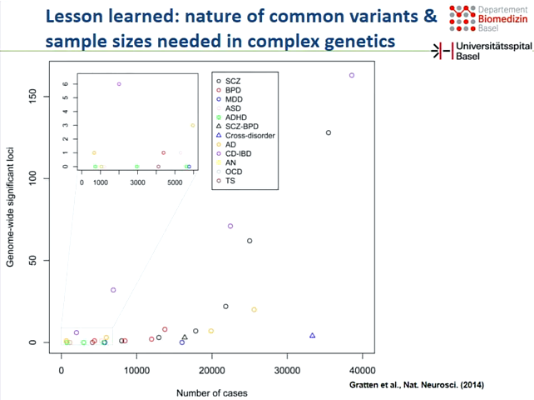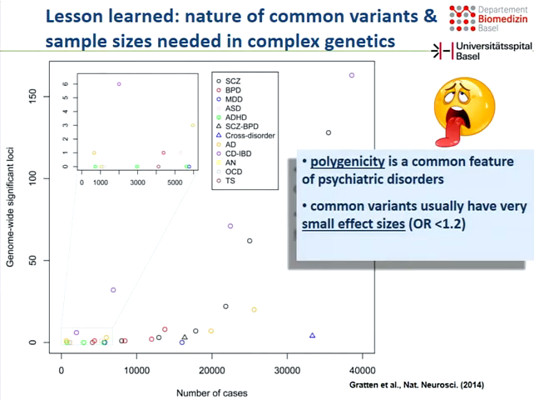Neuropsychiatric disorders don't differ that much from other complex diseases, because that was also discussed for a long time. Are neuropsychiatric disorders, from the genetic architecture point of view, different from other complex diseases? Obviously they are not. They behave like height, for example. And what we have learned is that polygenicity is a common feature of psychiatric disorders. So we have many risk variants that are involved, many more than we expected 10, 20 years ago.